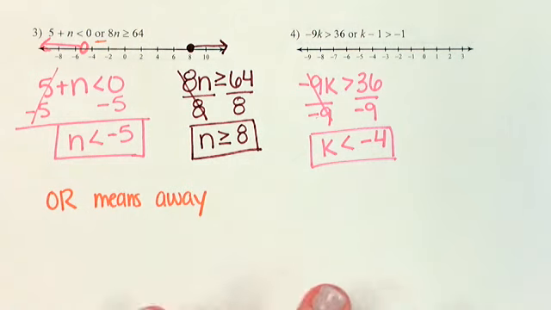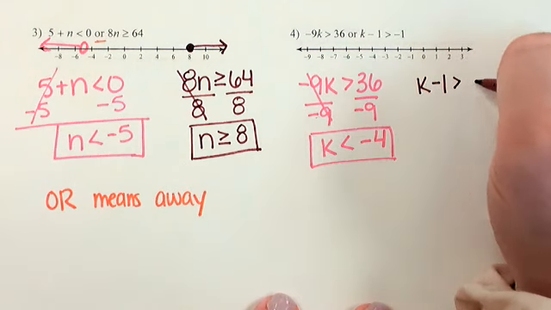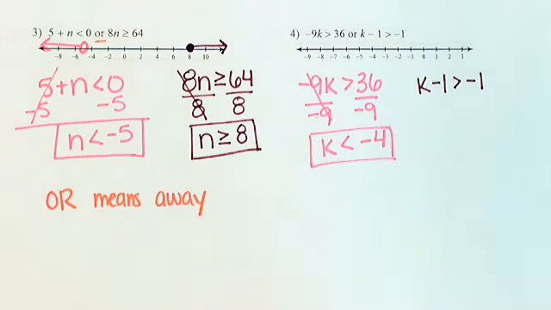Now we're going to solve the second half. k minus 1 is greater than negative 1. We need to get our k by itself, so we have to get rid of this negative 1. So we have to do the opposite of negative 1, which is add 1.